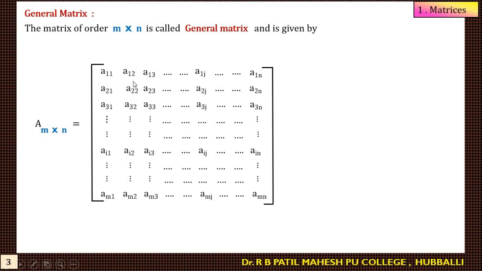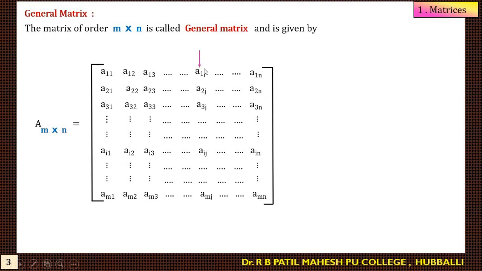Suppose you want to write 3 rows and 2 columns, only these 6 elements are written, that is A11, A12, next row A21, A22, A31, A32. Like this, using these general elements, whatever the order or whatever the number of rows and columns given, that you have to write.